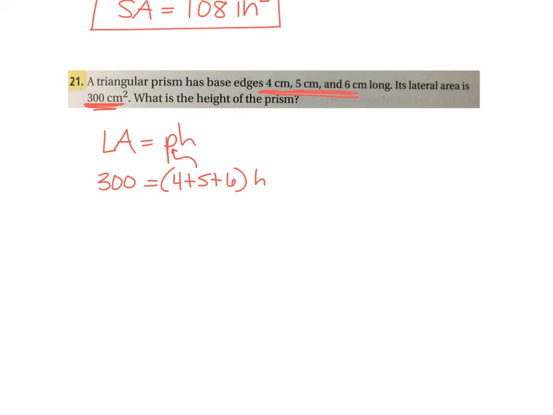And so H is what we're trying to solve for, so we're just going to plug H in like that. So you get 300 equals, 4 plus 5 is 9 plus 6 is 15 times H, and then we're just going to divide by 15.